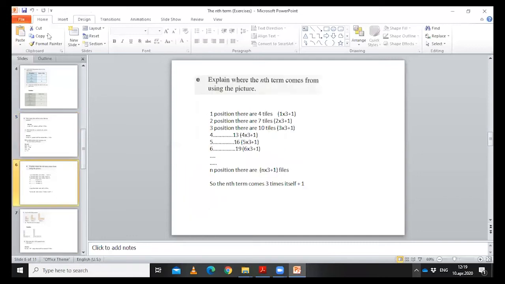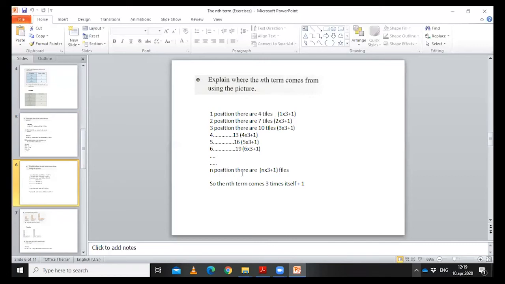Now, the next requirement: explain where the nth term comes from using the picture. We will study the picture carefully again. For the first position, there are 4 tiles using the formula that we decided together. For the second position, there are 7 tiles, 2 times 3 plus 1. For the third position, 10 tiles, and so on.